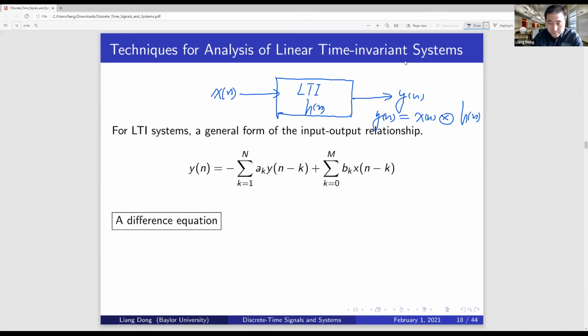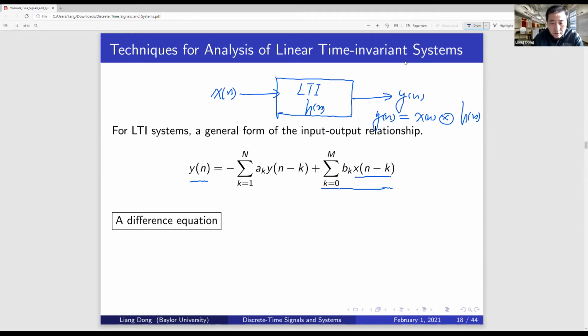So in general, we have the input signal x and we have the output. This is my current output at time n. The current output is a linear combination of all these inputs, with k from 0 to M, and that is a causal system.